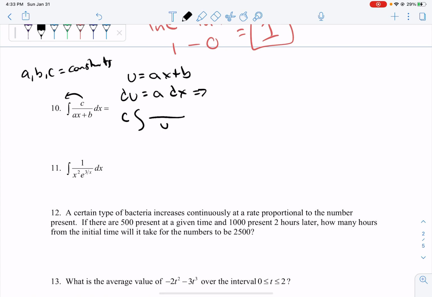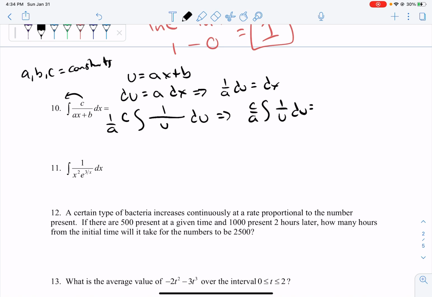So when I rewrite this, I should probably do 1 over a du equals dx, which means I'm also going to have a 1 over a out front, and I'm going to have a du in the back. And then on top, I'm just going to have a 1, because the c is a constant. I moved it out front. So I end up with c over a integral 1 over u du. And 1 over u du, that's easy. That's just natural log. So c over a natural log of u.